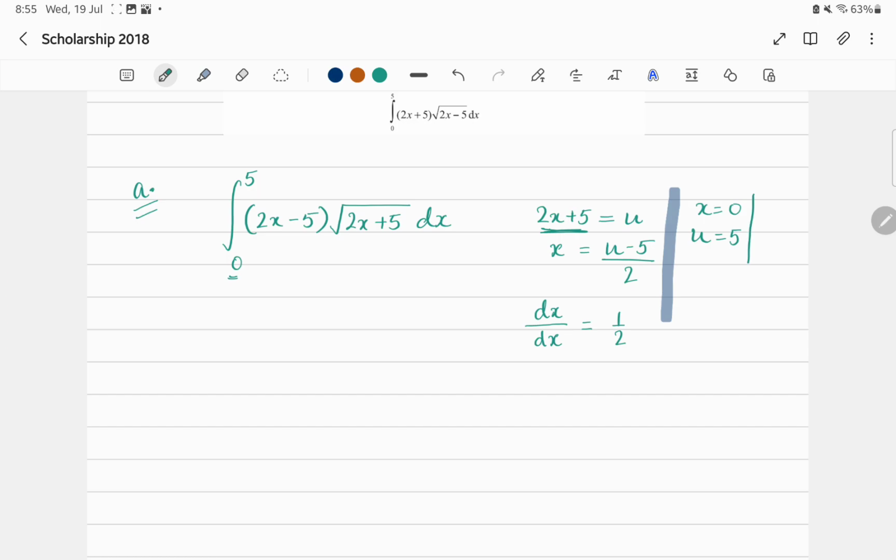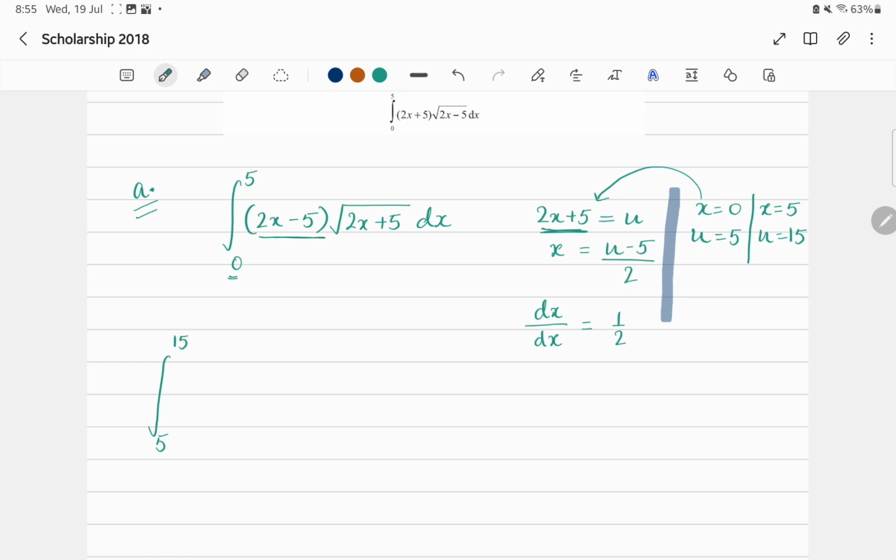And our second limit is when x is equal to 5, u will be equal to 15. So our new limits are 5 to 15.